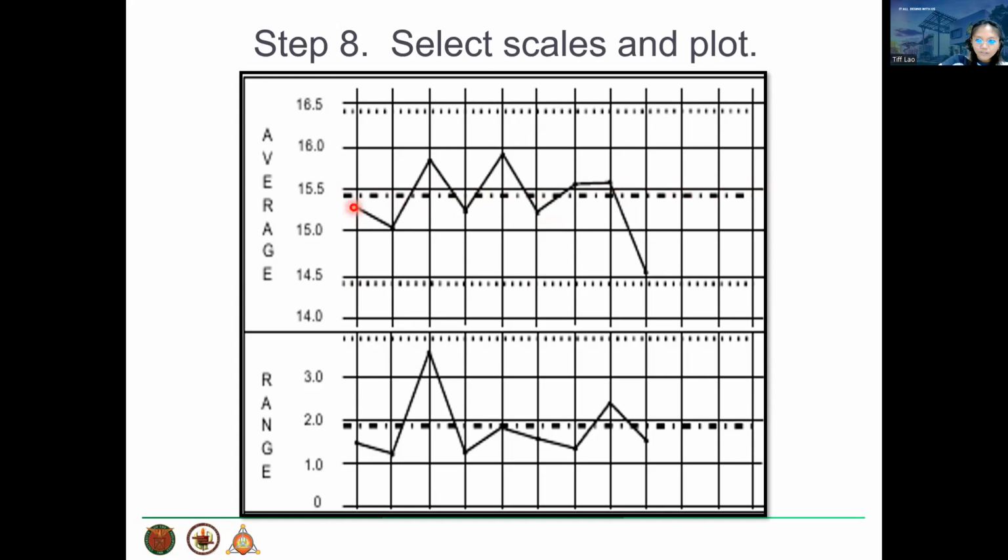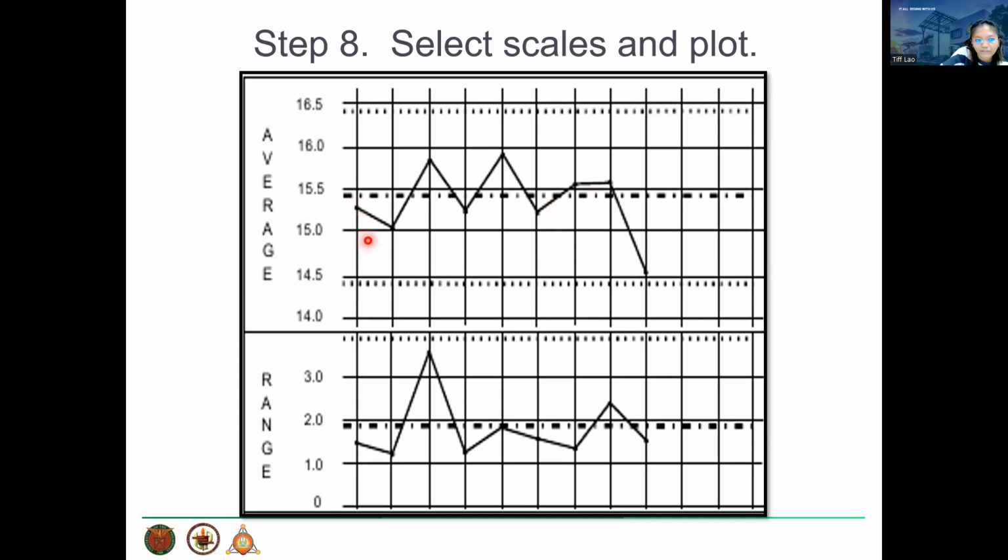Ito naman yung mga data, yung mga nakulekta mong data. Ito, kung nakikita nyo, paano kaya 'to nakuha? 1, 2, 3, 4, 5, 6, 7, 8, 9.